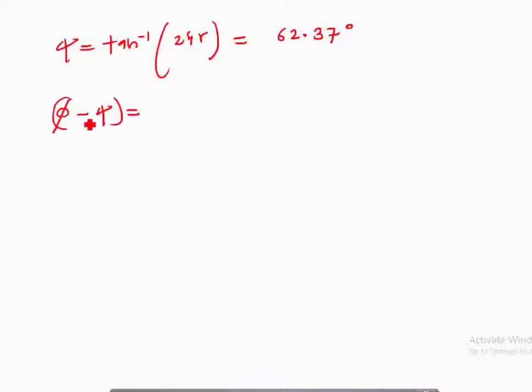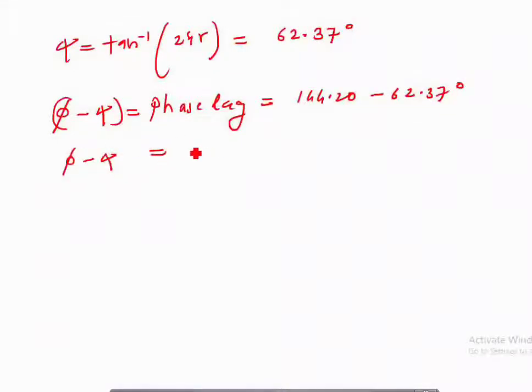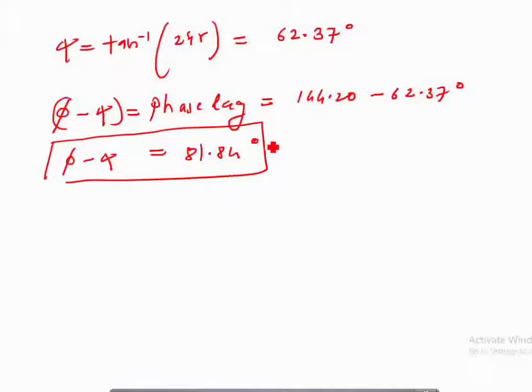Phi minus alpha, which is also called the phase angle for forced vibration due to support acceleration, or you can also call it the phase lag, is equal to 144.20 minus 62.37 degree. So this phase angle phi minus alpha I am getting as 81.84 degree, right?